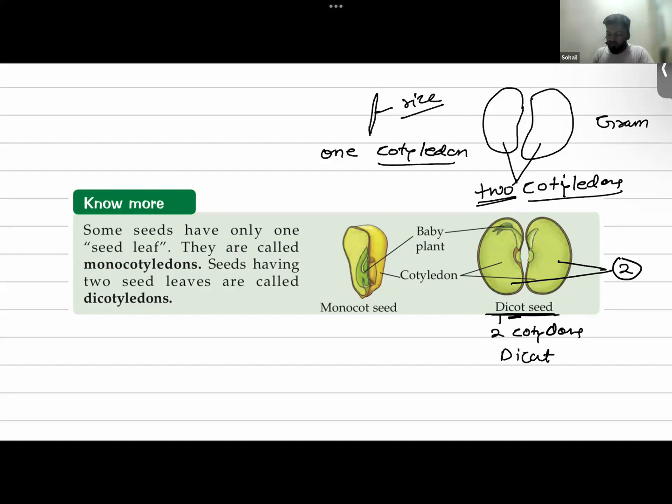Now see another seed. There is only one cotyledon here.